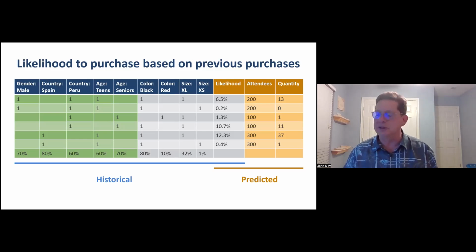So what that could look like is we might have demographics from sales for different conferences or concerts in the past, where we've got demographics from people who were in Peru, who were male, teenagers, that they may have bought some black shirts in extra large and extra small.